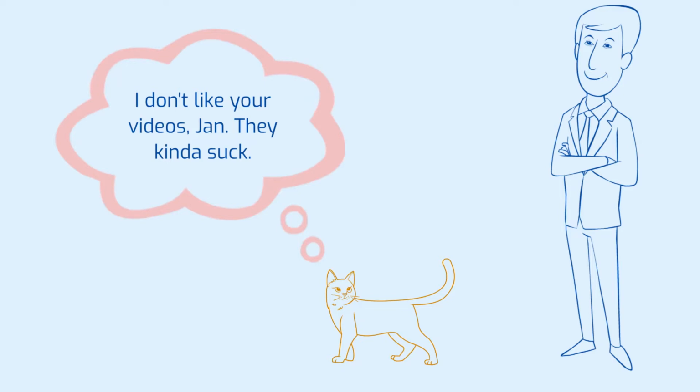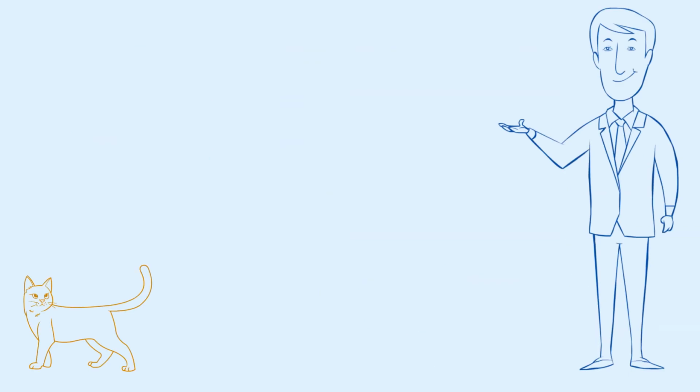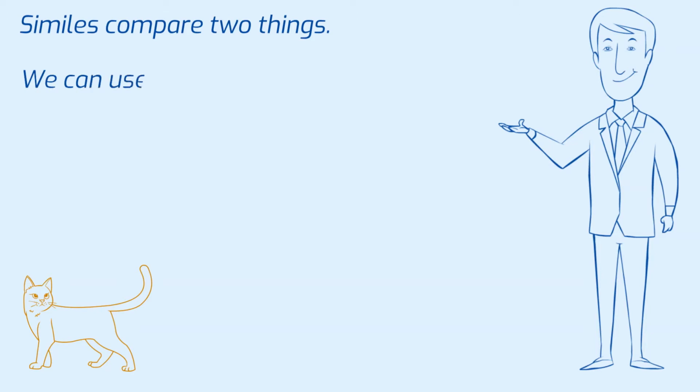But I have to say, your example is not a simile. Yes, it uses the word like, but even so. Why don't we remind ourselves of the basics? Okay, so we use similes to compare two things. For the first form of simile, we use like.